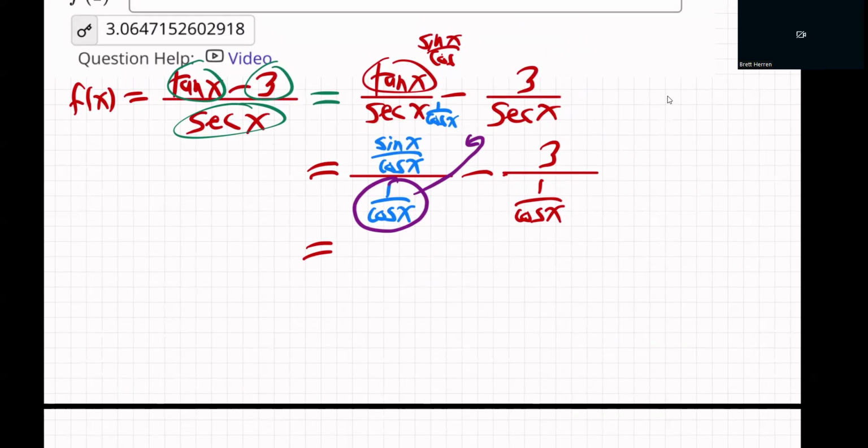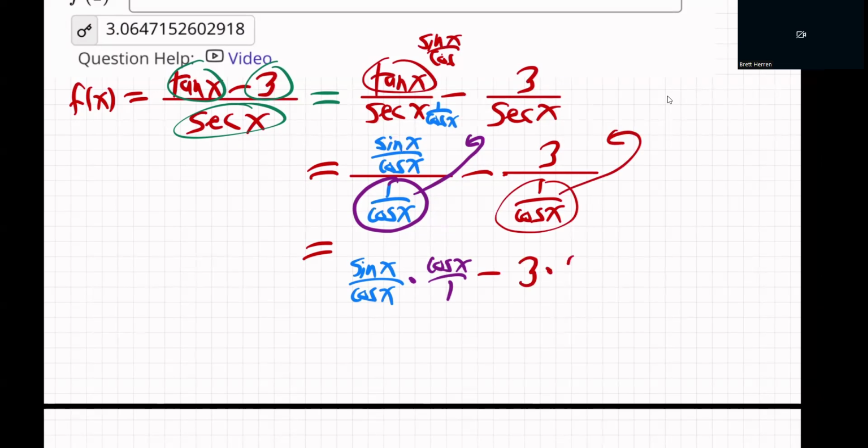So it'll become sine x over cosine x times cosine x over 1, minus, same thing here. Grab this guy, flip it up. You get 3 times cosine x over 1.